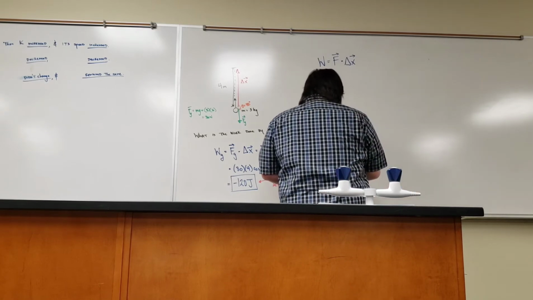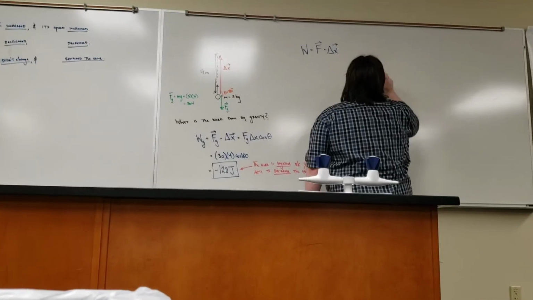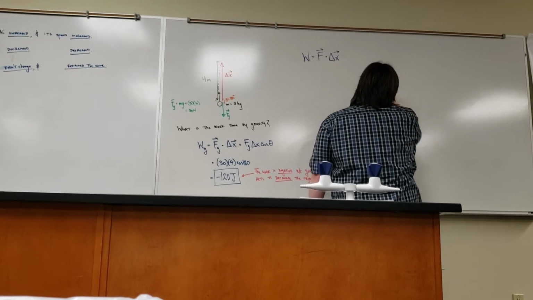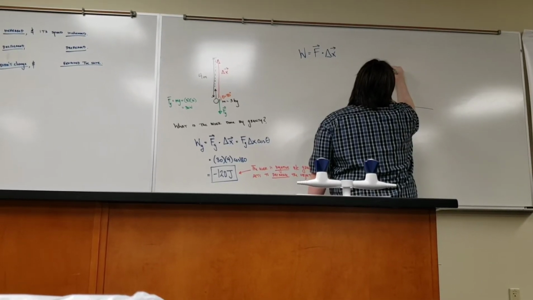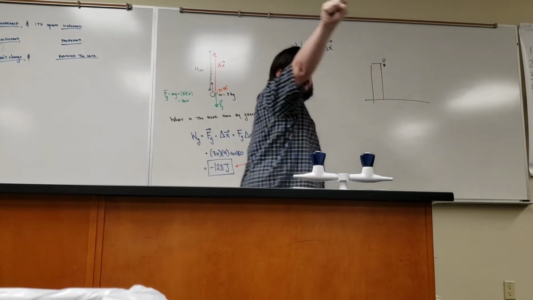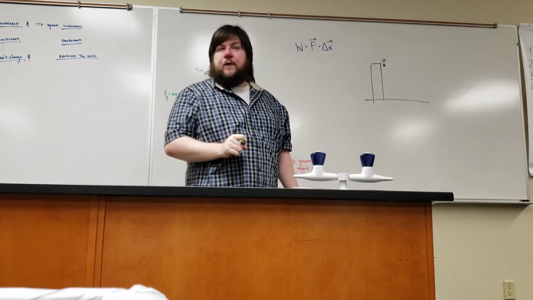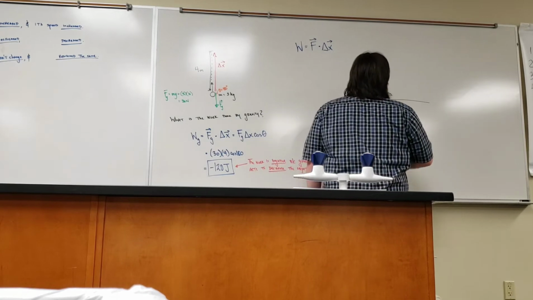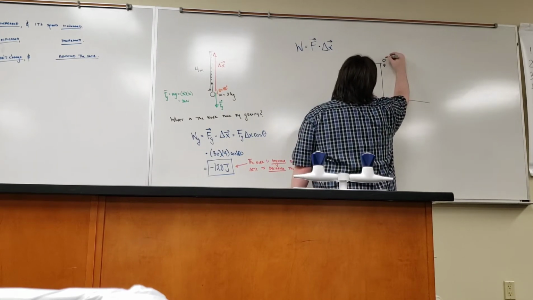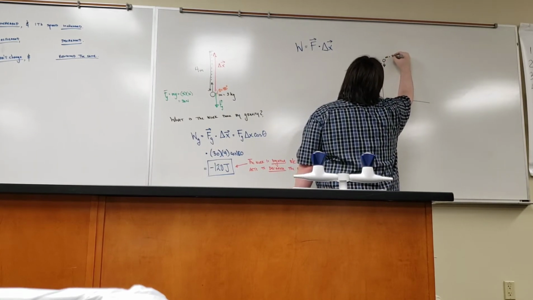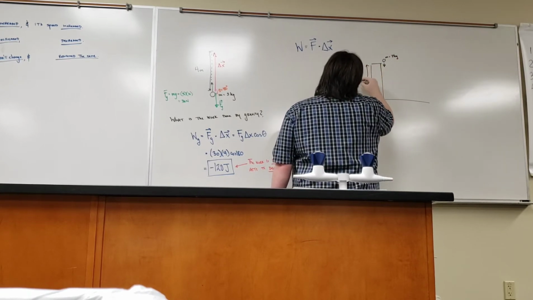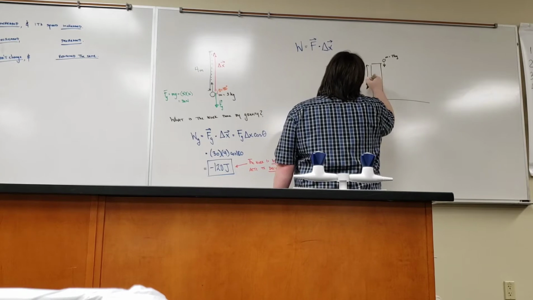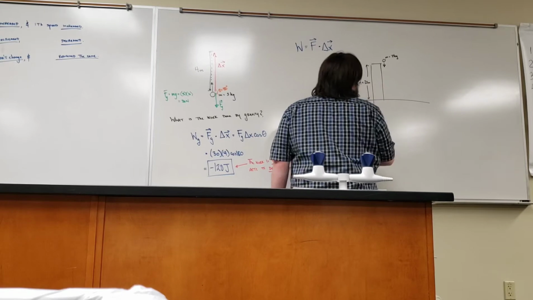What if I were standing on a building and I dropped an object off of the edge of the building? This object has, let's say, a mass of 7 kilograms, and the building has a height of 20 meters. Okay?